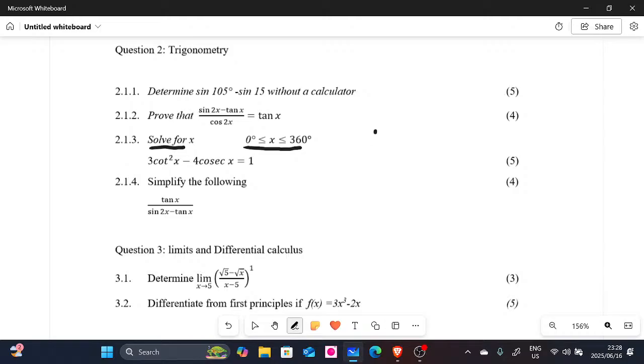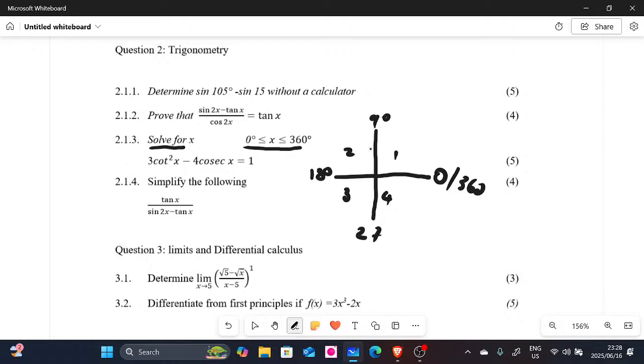Whenever they say x should be between 0 and 360, we can have x here, here, there, and also there, because this is 90, this is 180, this is 270 degrees. So whenever you're given a domain 0 to 360, it means you can have x in every one of these.